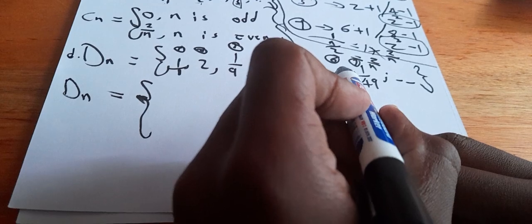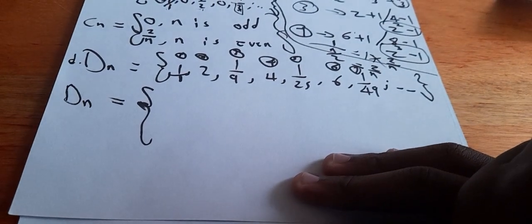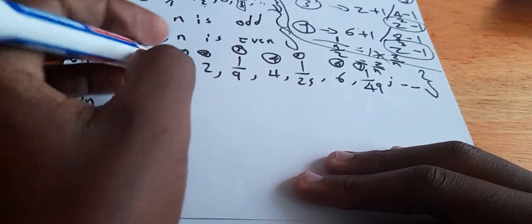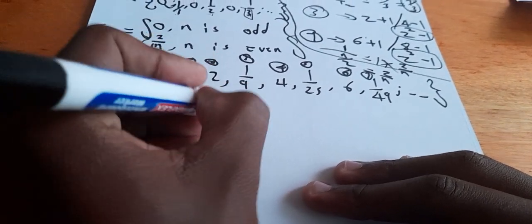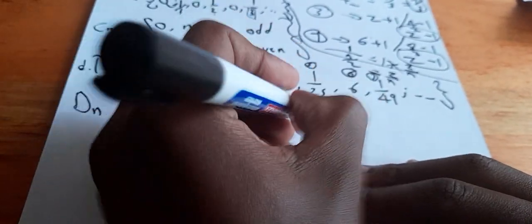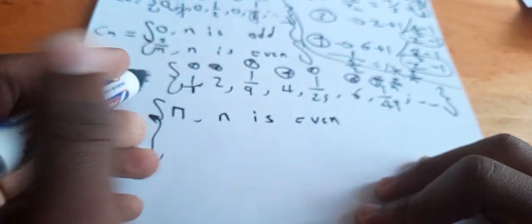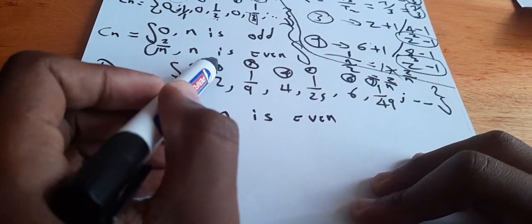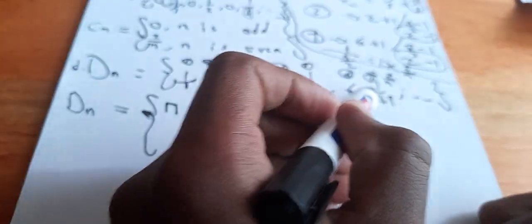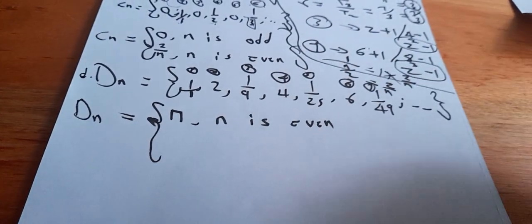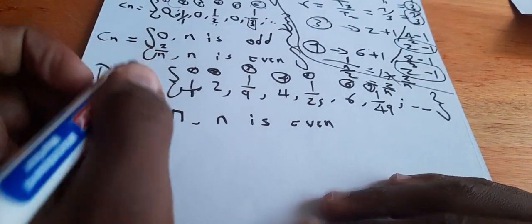And here it's 6 when n is 6. What does it tell you? It tells you the set of integers is given by the function n when n is even. Because you can easily see n of 2 gives you 2, n of 4 gives you 4, n of 6 gives you 6. Then it's n.